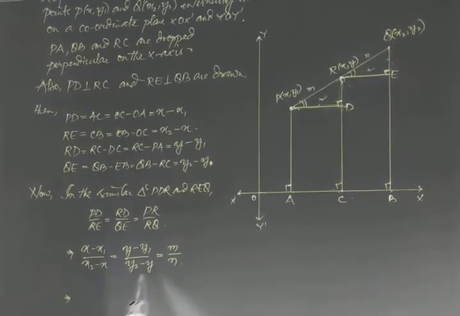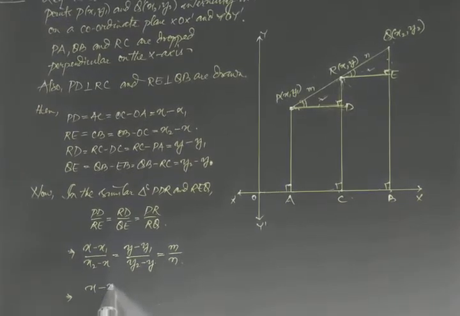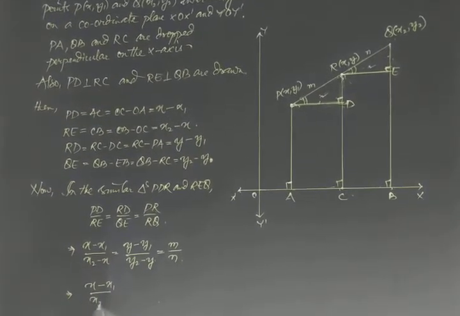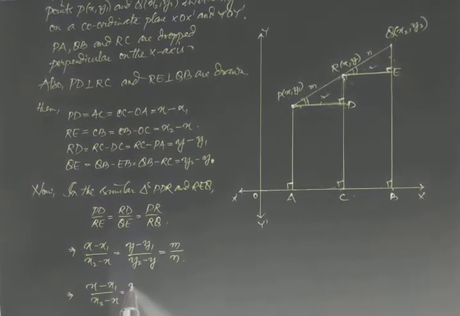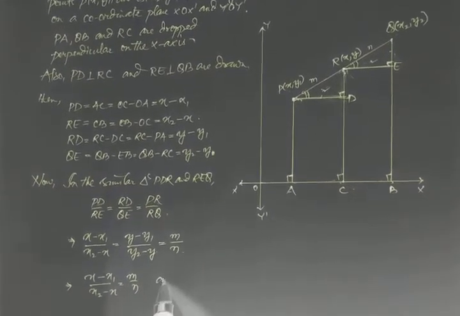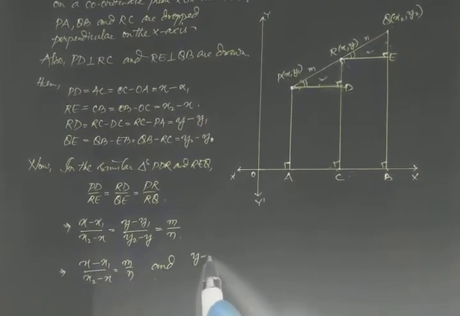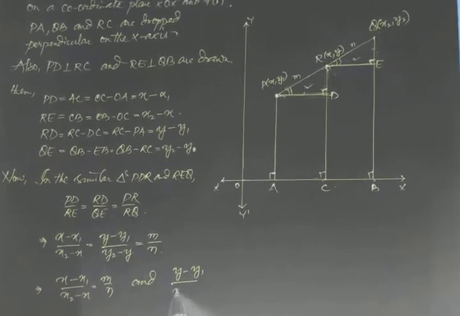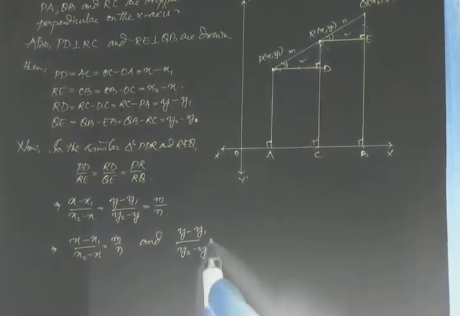And now separating x and y, because both are equal to m by n, (x minus x1)/(x2 minus x) can be written as m by n, and (y minus y1)/(y2 minus y) is equal to m by n.